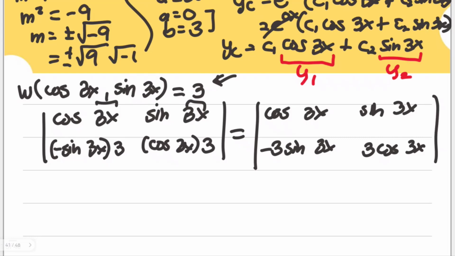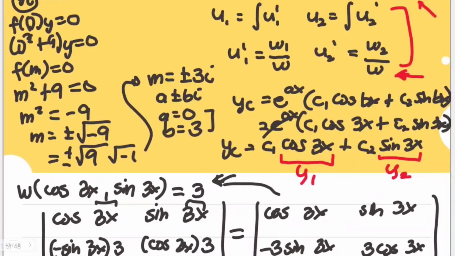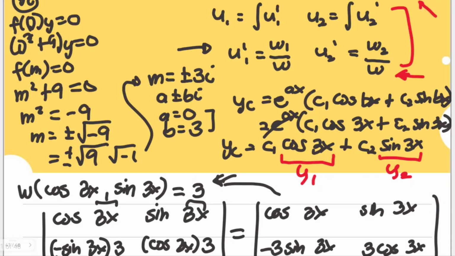Again, this was used to solve the Wronskian because the Wronskian is just equal to the determinant of this matrix. Showing this because we need that for W sub 1 and W sub 2 processes. Okay? Why do we need this? Because for u primes, you need the ratio of W sub 1 to W and W sub 2 to W.